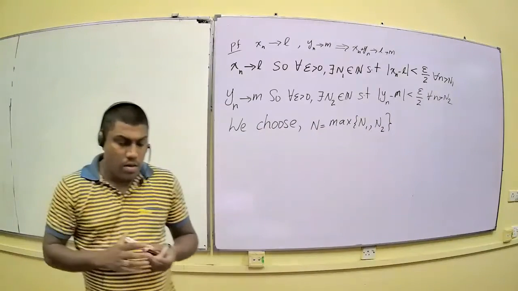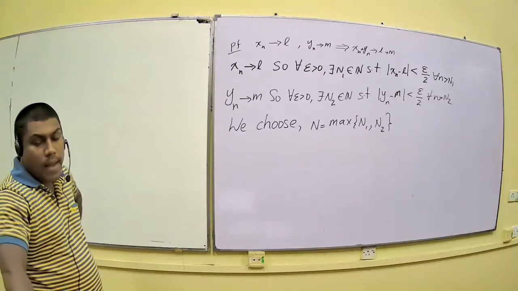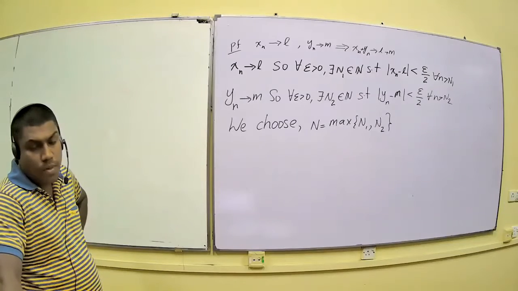So we choose N to be the maximum of n1 and n2.